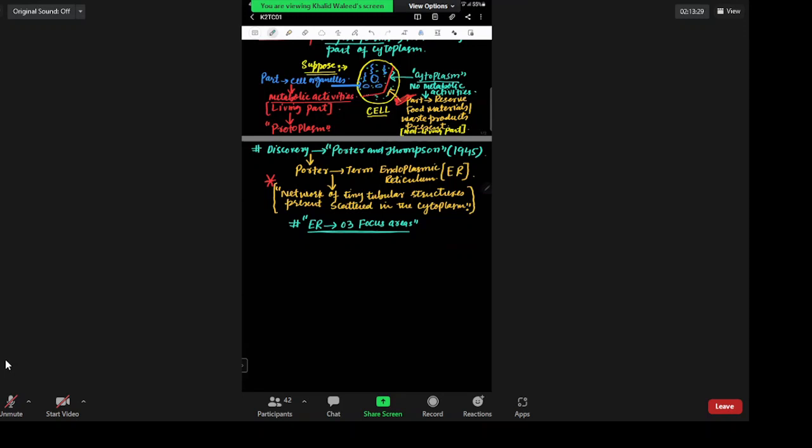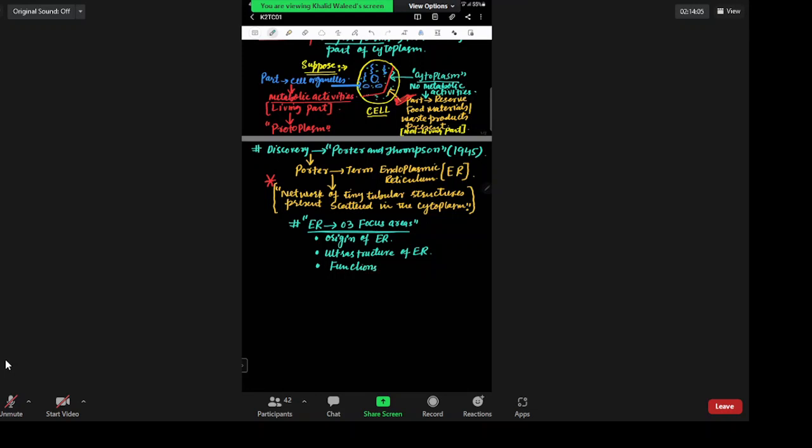Although we have many more areas to explore in the year, but from NEET point of view, we will discuss only three important aspects of ER. One, the origin of ER. Second, the ultrastructure of ER. And third, the functions of ER.